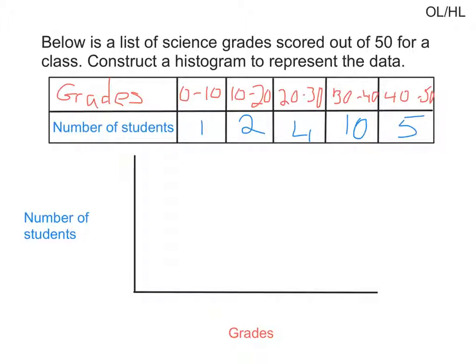So in this case, it is 0 to 10, 10 to 20, 20 to 30, 30 to 40, and 40 to 50. We will do the same for the y-axis. In the case of the y-axis, we can see our largest frequency is 10. So based on this, we might divide the y-axis into twos.